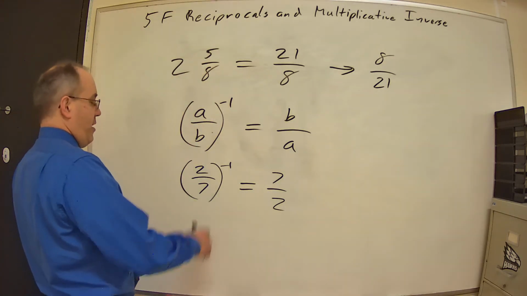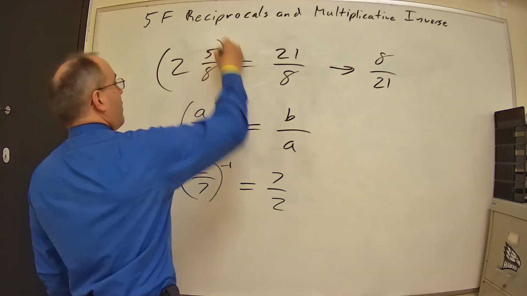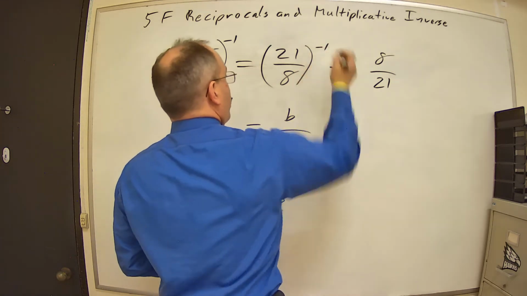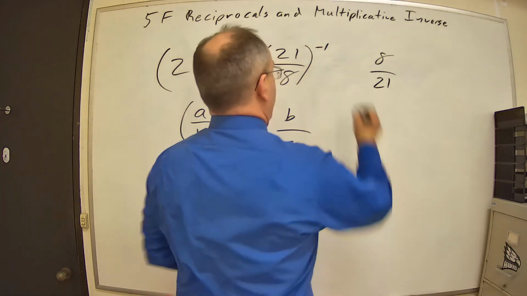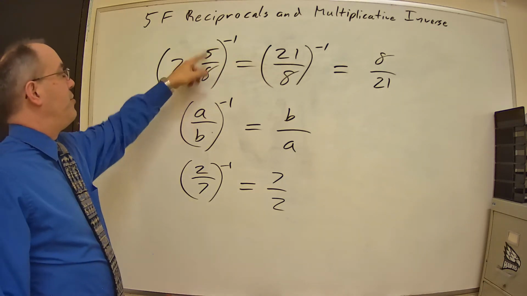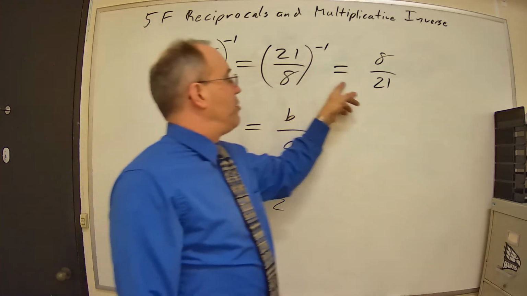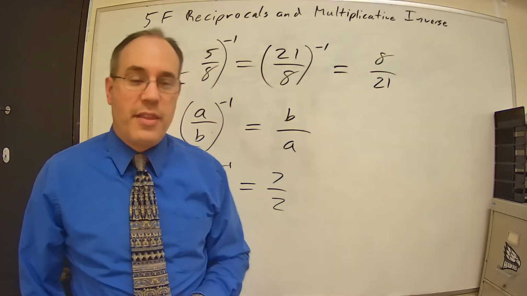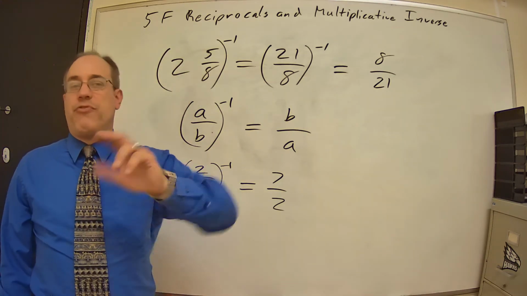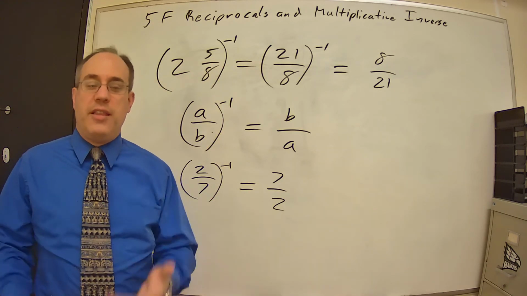But if I had done this, then that would be correct. This says take the reciprocal of 2 5/8, which is take the reciprocal of 21/8, which is 8/21. So that you can do, that's allowed. So the reciprocal just means flip the fraction. If you have a mixed number, turn it into an improper fraction, and then you can flip the fraction.